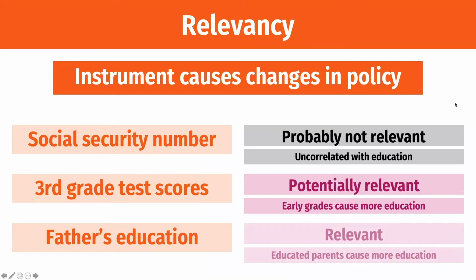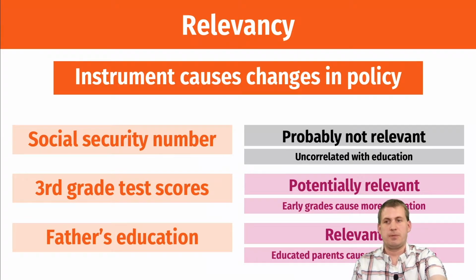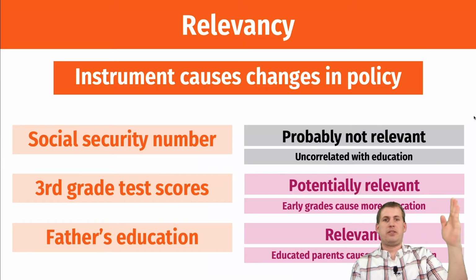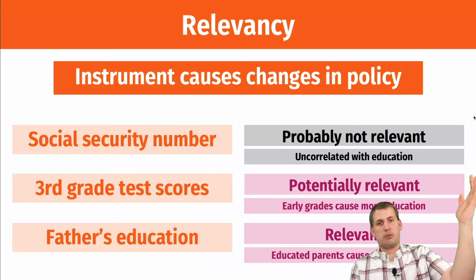Father's education, on the other hand, is also relevant, where if you have educated parents, it likely causes you to get more education as well. And so that is also a relevant instrument there, where there's a direct relationship between father's education and your education. And so we can call these two things relevant. We can't really call Social Security number relevant because there's no direct relationship between your Social Security number and your education.